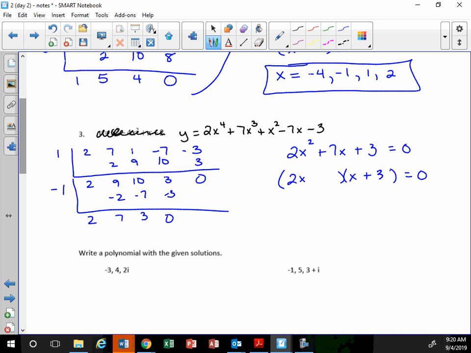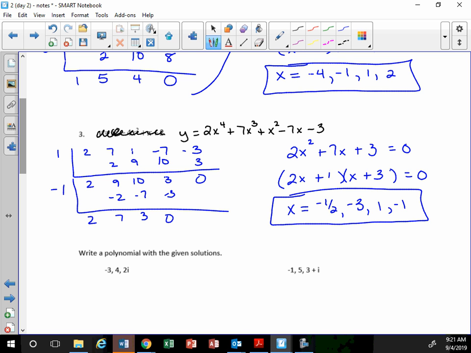Let's do 1, right? Okay. All right, so I get -1/2, -3, and then what else? Both positive and -1, right? Fourth degree, 4 answers. Looks like it's going how it's supposed to.